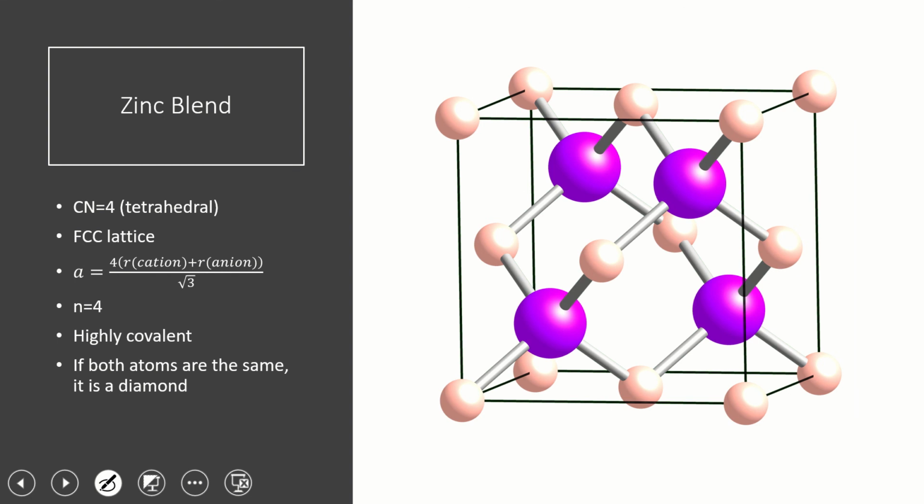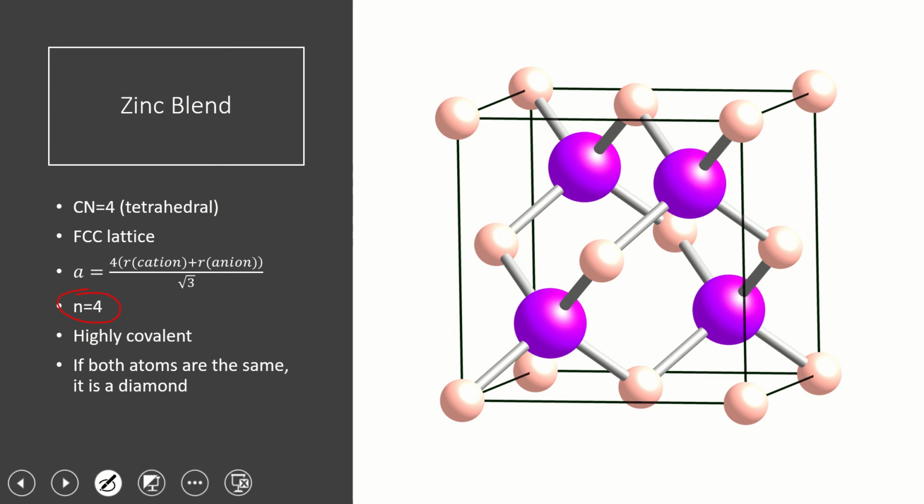The next crystal structure is zinc blende. The zinc blende crystal structure has a coordination number of 4. It also has an FCC lattice, and the lattice parameter is 4 times the radius of the cation plus the radius of the anion, over the square root of 3. It has a total of 4 atoms inside of the unit cell.